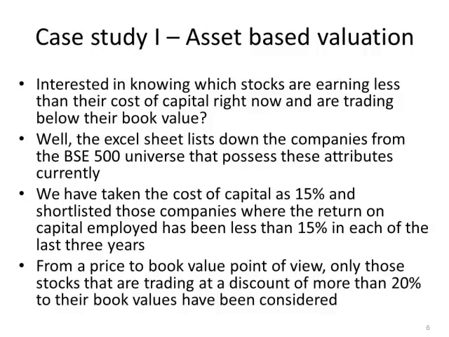So you have to have this kind of cushion, and we've kept it at 20% in order to really claim that this is a stock trading at a significant discount to its book value. Let's now go ahead and look at the Excel sheet, and go through this list of companies to see what kind of companies possess these attributes.